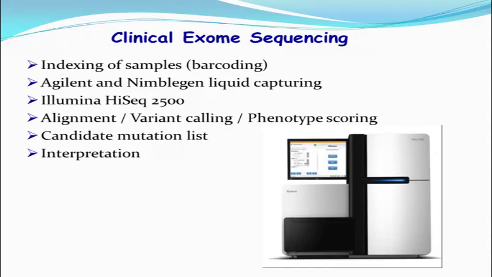Once the sequencing is done, the data will be extracted, followed by alignment and variant calling by the bioinformatic pipelines. Then the candidate mutation variants will be analyzed and the candidate list will be generated for Sanger confirmation. Then the results will be completely interpreted and reported out.